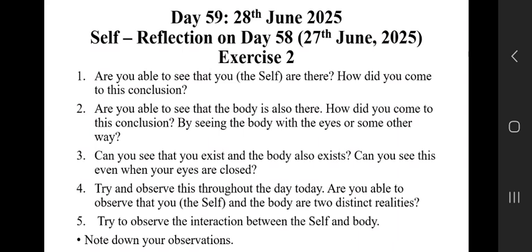So now, if there is a problem in the body, supposing there is a problem in the brain, then we may not be able to do these functions very accurately. But the self exists.